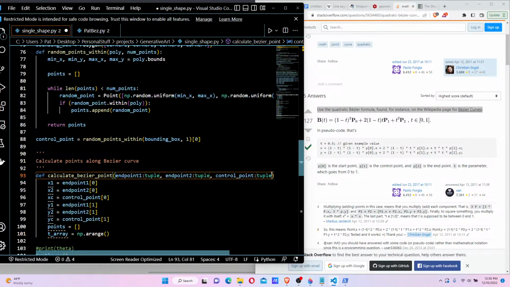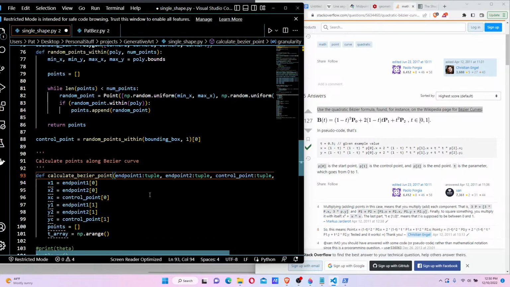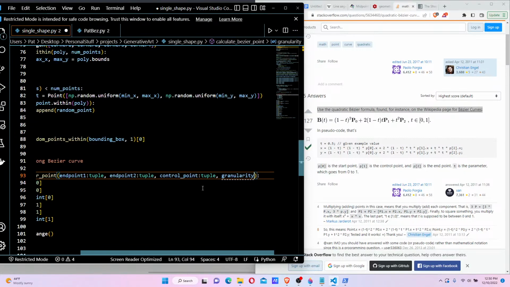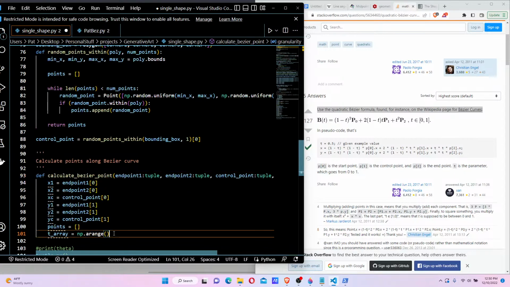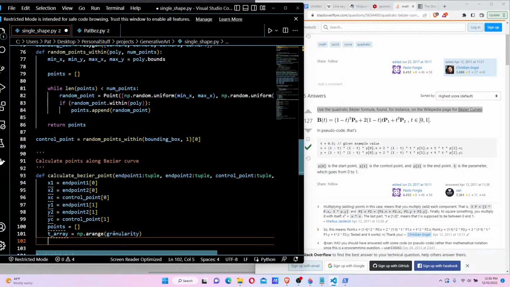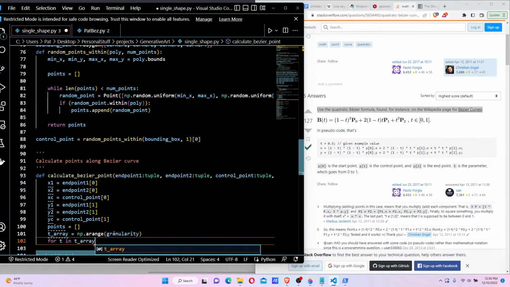I guess this should be granularity, so it should be an int, just equals 100. Granularity, t array.